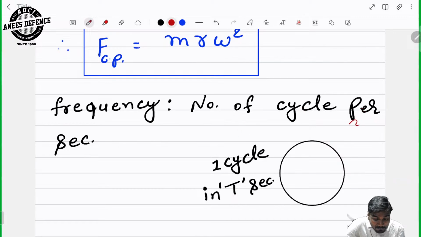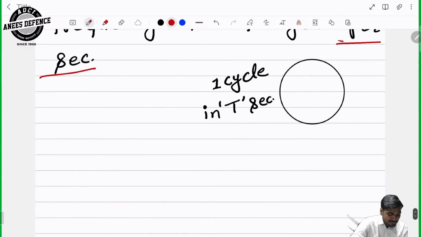Number of cycles per second is known as frequency.